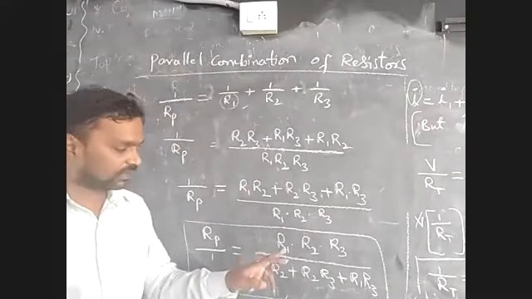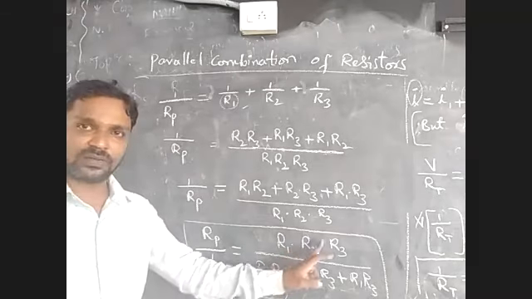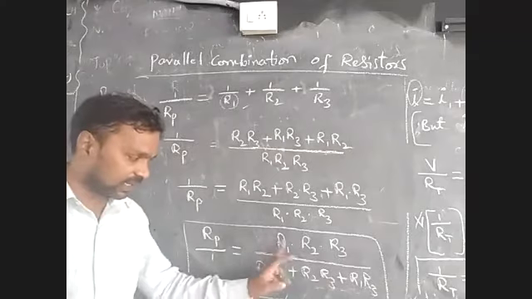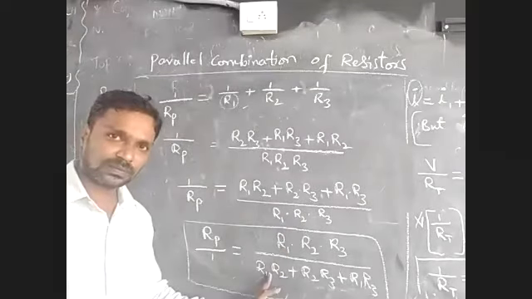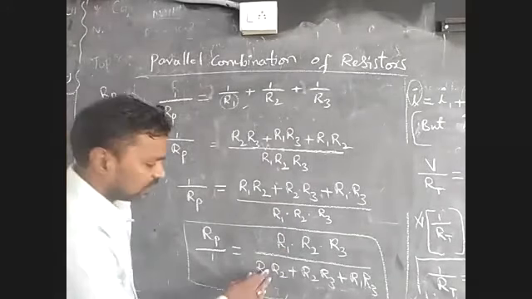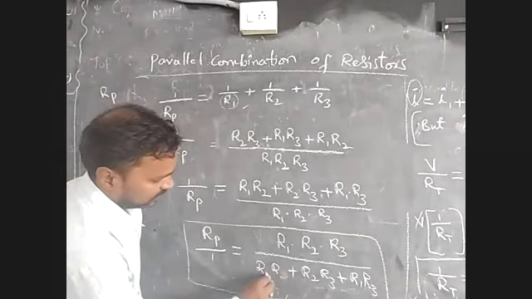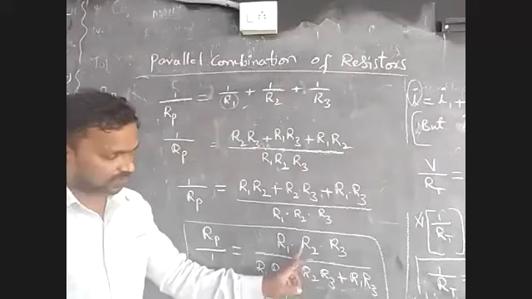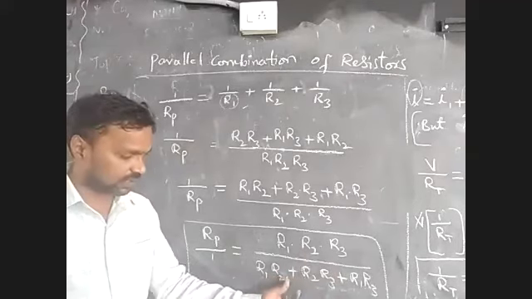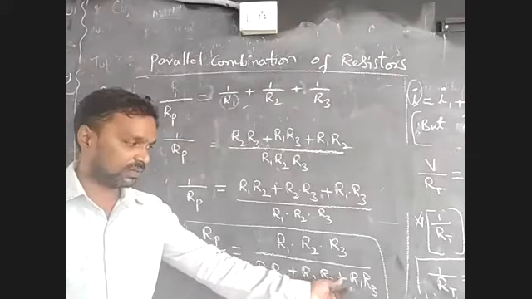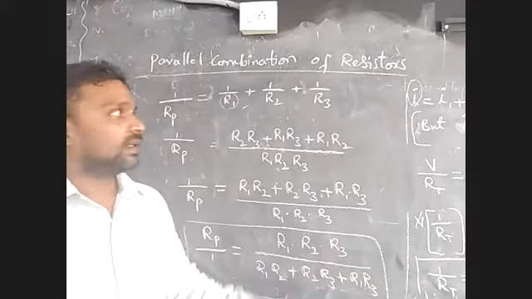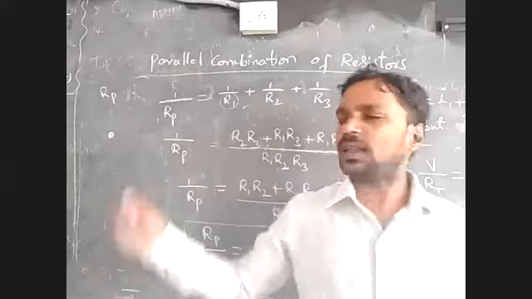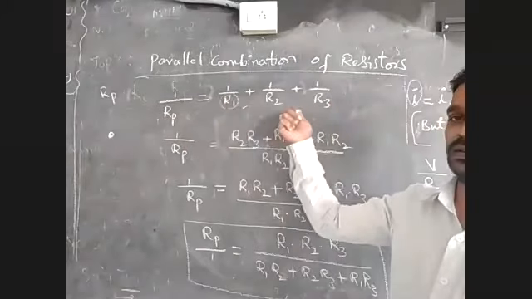If three are there, we will write R1 into R2 into R3 divided by R1 R2 plus R2 into R3 plus R1 into R3. Is this clear? Here only the LCM will cause confusion.